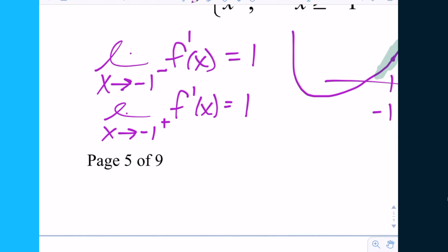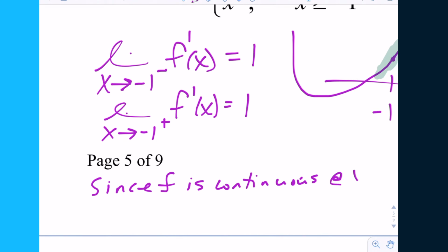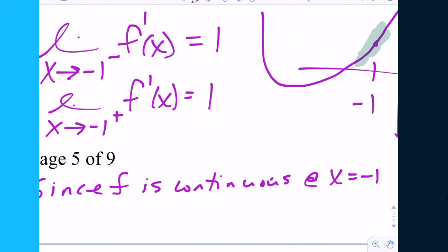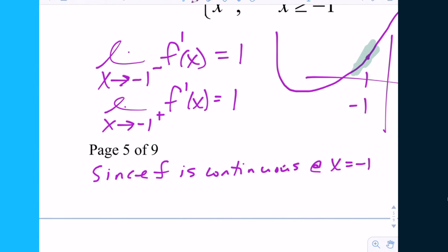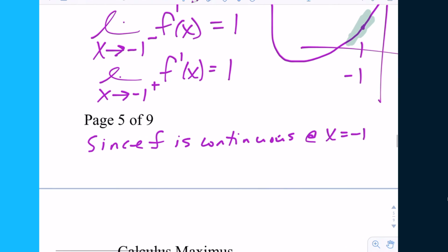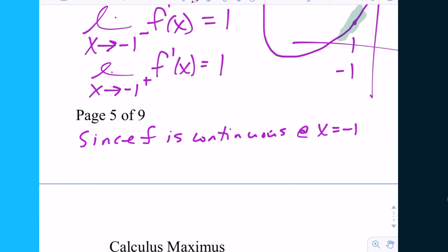So here's what you would say. Since f is continuous at x equals -1, well, first of all, we want to say it's continuous. As we mentioned yesterday, continuity is a prerequisite. It's a necessary condition for differentiability. So it's part of why it's differentiable.